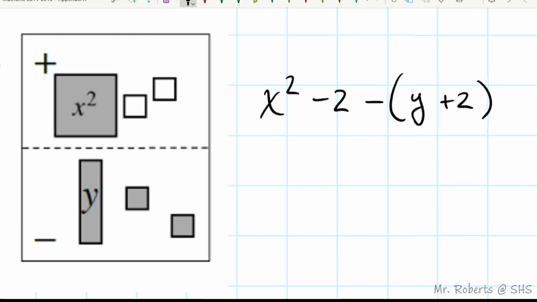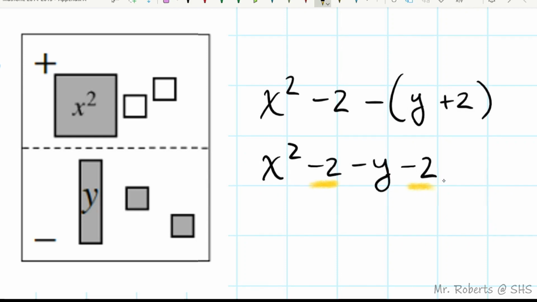So if I bring these out of the parentheses, I still have the x squared minus 2, and then it's going to be a -y and a -2. One last thing I could do is combine some like terms. You can see there's a -2 and a -2. So this would look like x squared minus y minus the number 4. And that's expression mat C.